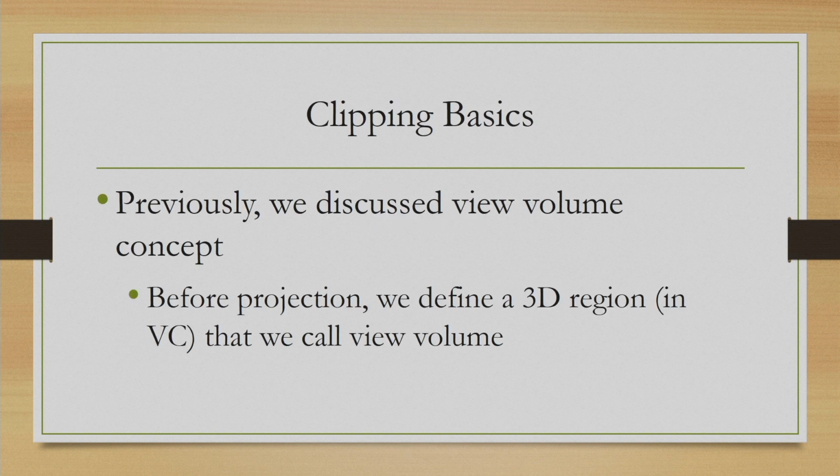If you may recollect, earlier we talked about a concept called view volume. So, essentially what we discussed is that when we are trying to generate a 2D image, this is analogous to taking a photo of a 3D scene.